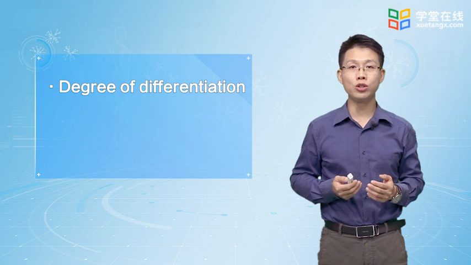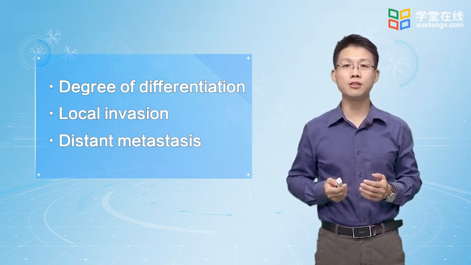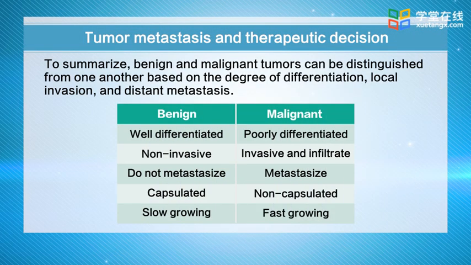To summarize, benign and malignant tumors can be distinguished from one another based on the degree of differentiation, local invasion, and distant metastasis. Benign tumors resemble the tissue of origin and are well differentiated. Malignant tumors are poorly or completely undifferentiated.